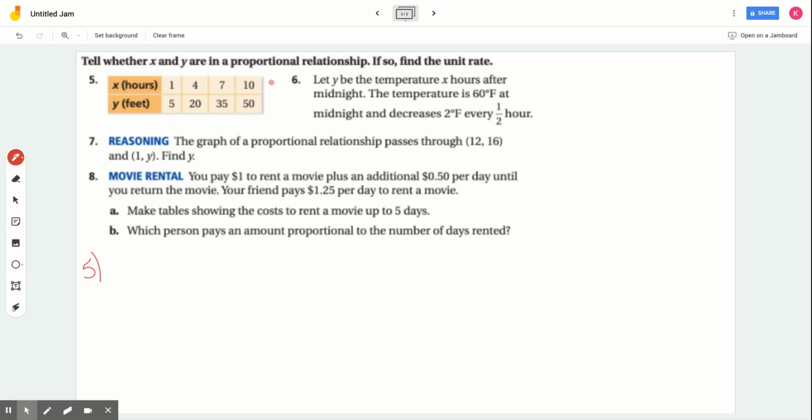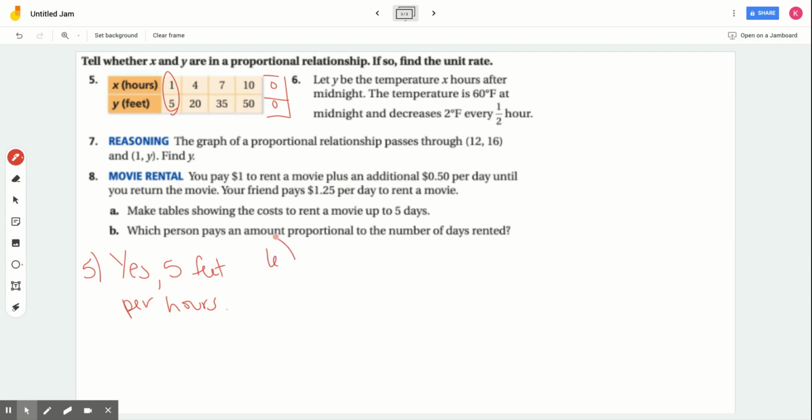If we had 0 times 5, would we get 0? Since the answer is yes, and each of these are being multiplied by the same amount, this is a proportional relationship. So we can say that the unit rate is increasing 5 feet per hour.